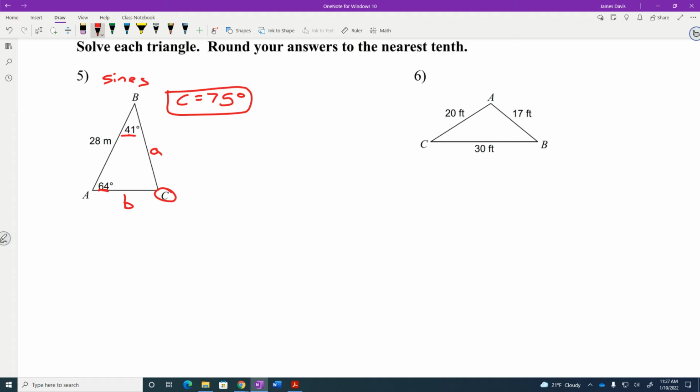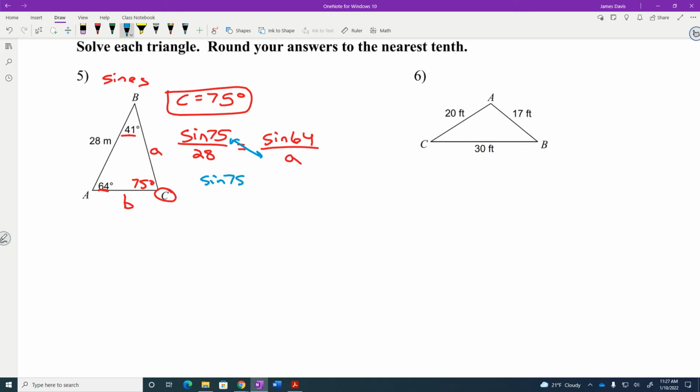Okay, now we've got a pair. We got big C and little c. So that pair is going to be what we use to solve for the rest of them. We can now use the law of sines with our pair. Sine of big C, which is 75, over little c, which is 28. Then you can either go after a little a or big A. Let's do little a just because it comes first in the alphabet. The little a matches up with that 64. Use sine of 64 over little a. We then cross multiply.